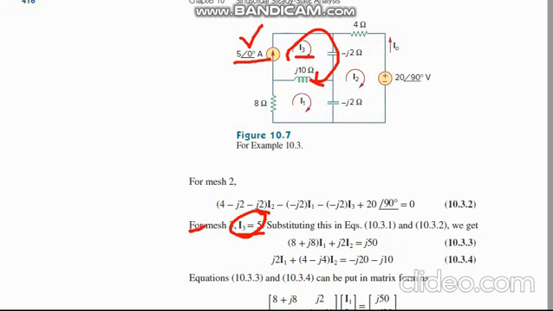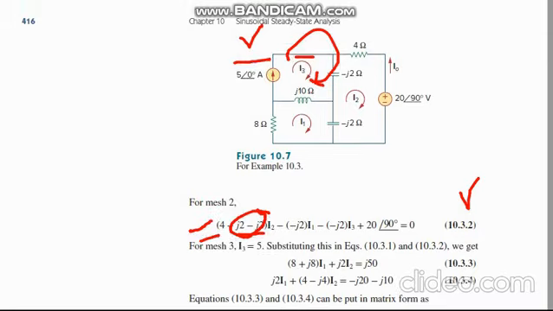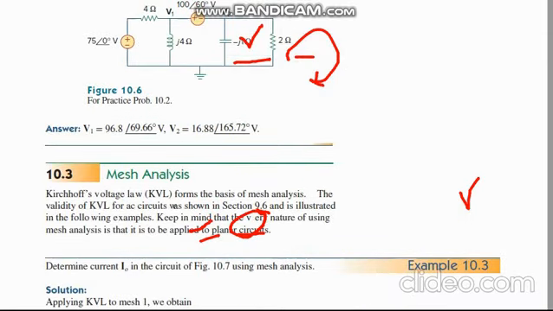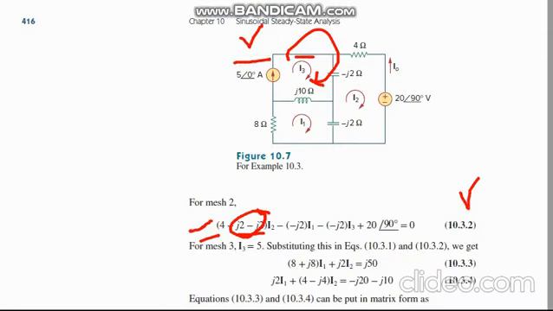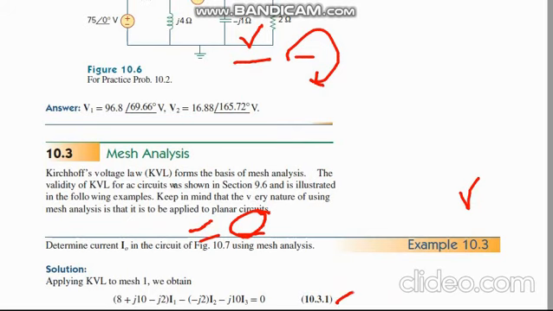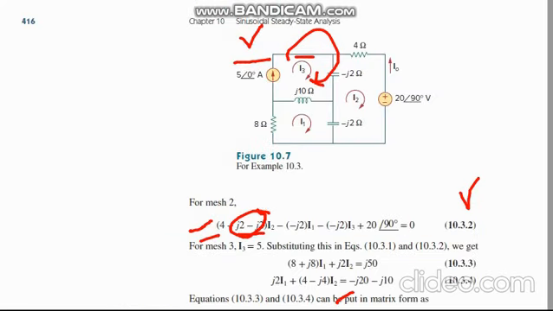Just substitute this current into equation 1 and equation 2, and you can easily find I1 and I2, because I3 is equal to 5.